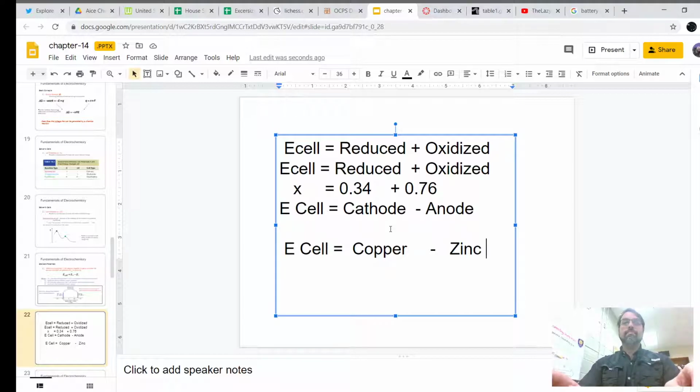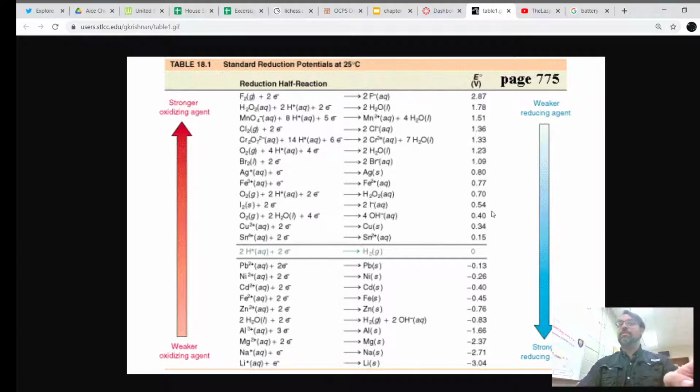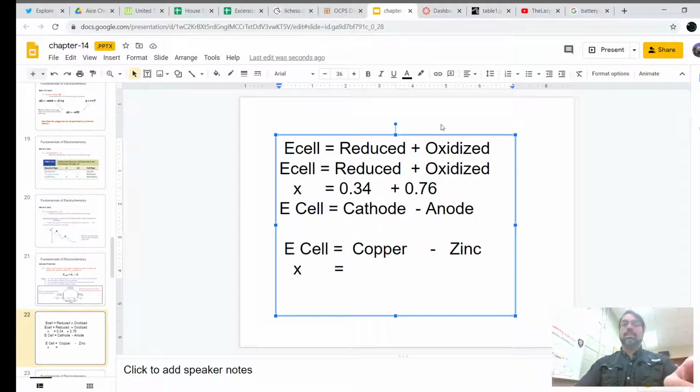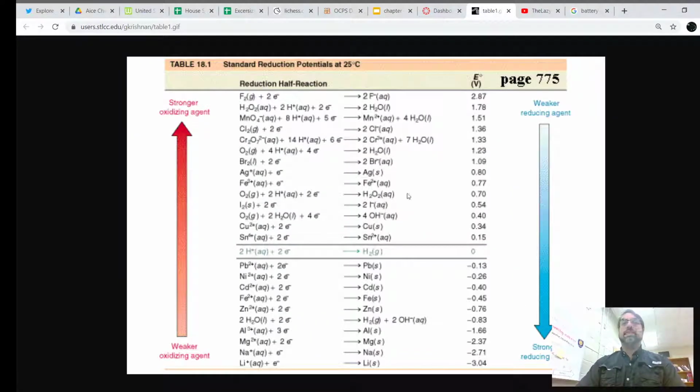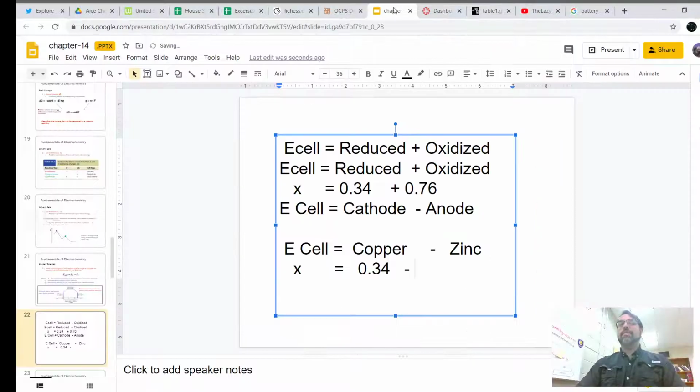Now we'll go ahead and do it the lazy way. The lazy way is saying, nah, I'm just going to flip my sign. The reduction potential for copper is still 0.34. That doesn't change. Then we look at the reduction potential for our anode, zinc, and it's negative 0.76.